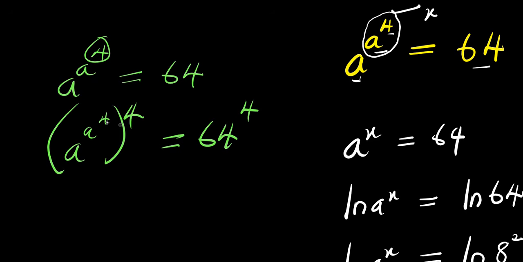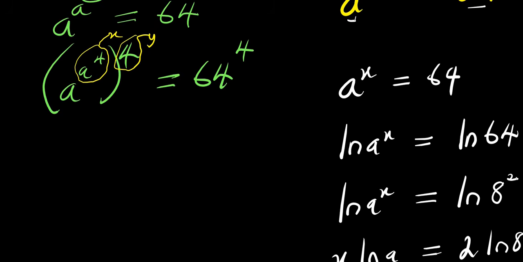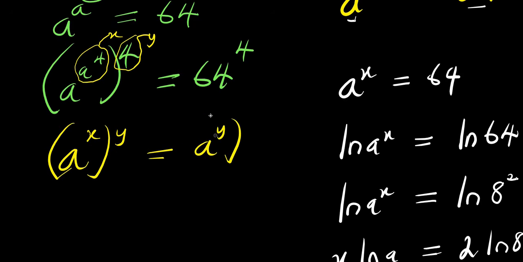Now, let this a power 4 represent my x and this represent my y. So I'm going to have a power x to the power of y equals a power y to the power of x.